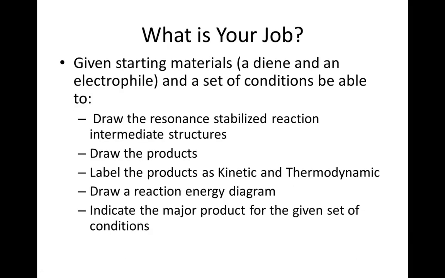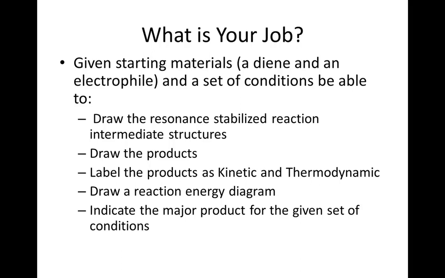So for this kind of question, we should be able to take an example diene and some kind of electrophilic conditions and draw the resonance structure just like in the previous example, and draw the structures of the intermediate resonance stabilized cation and products, and label them as kinetic or thermodynamic.